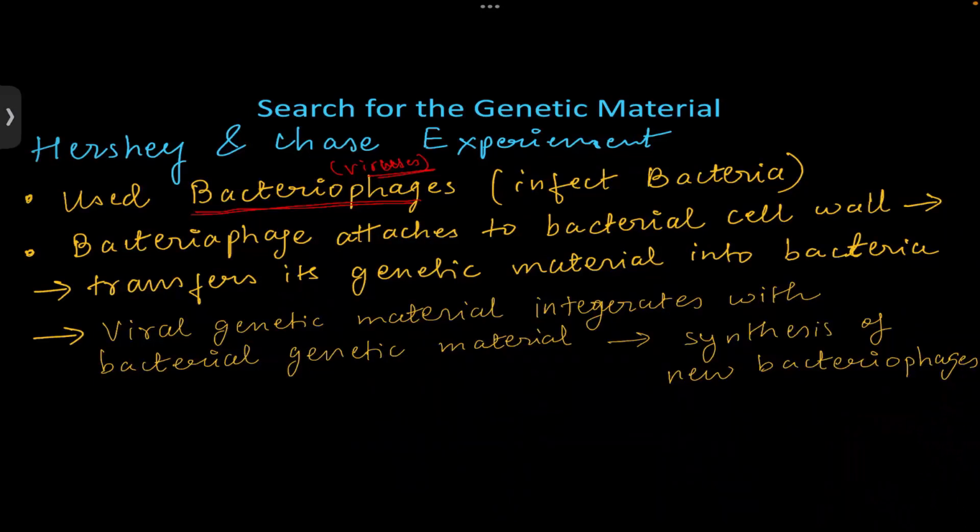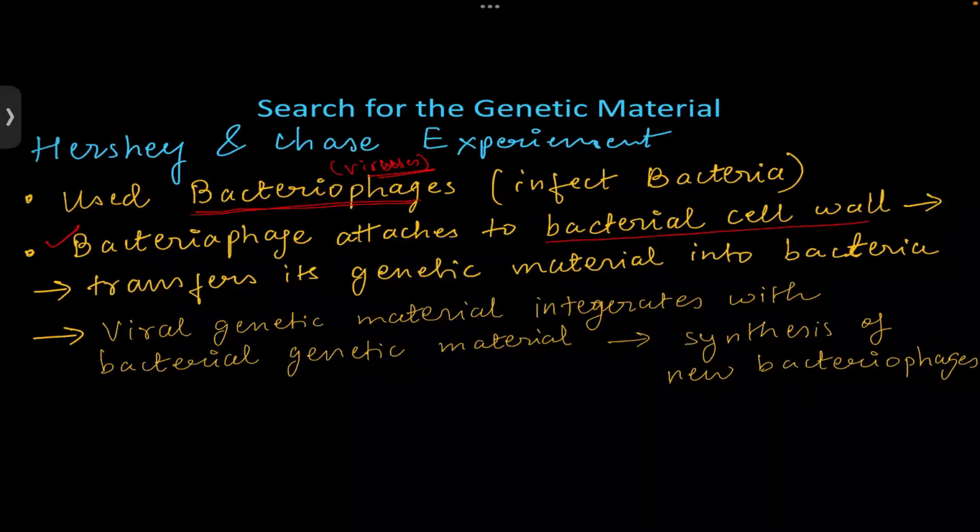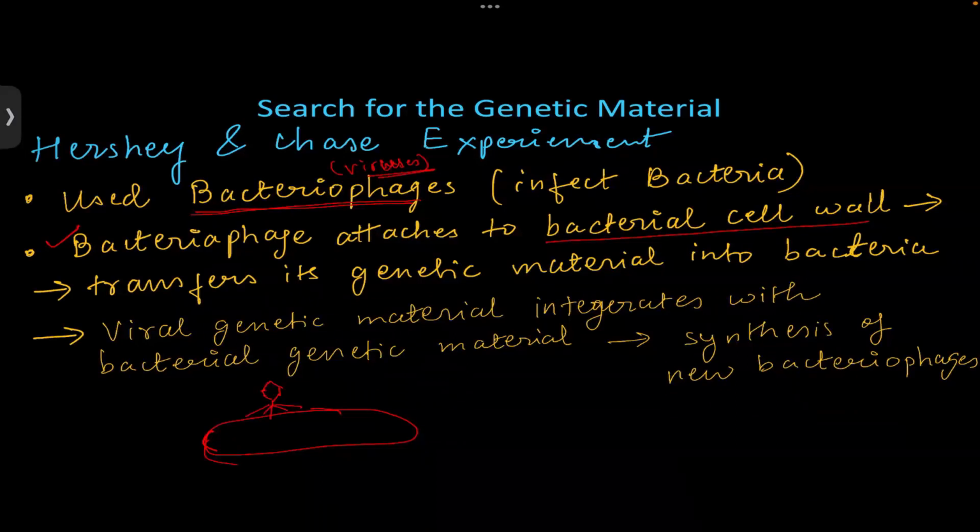How do they infect? The mechanism is quite easy actually. A bacteriophage first attaches to the bacterial cell wall. Let's say this is the bacteria and something like this is the phage. It has legs, and using those legs it will attach strongly to the bacterial cell wall.